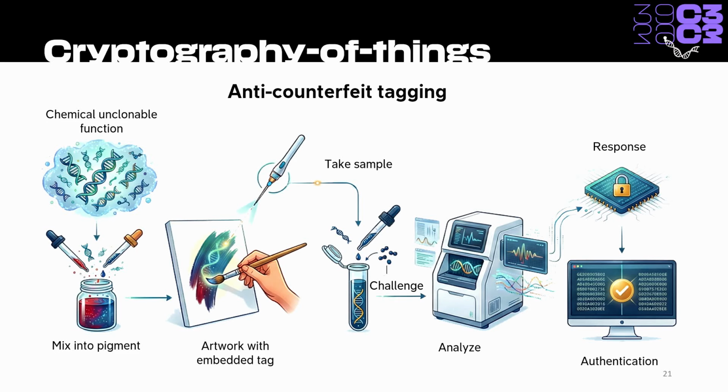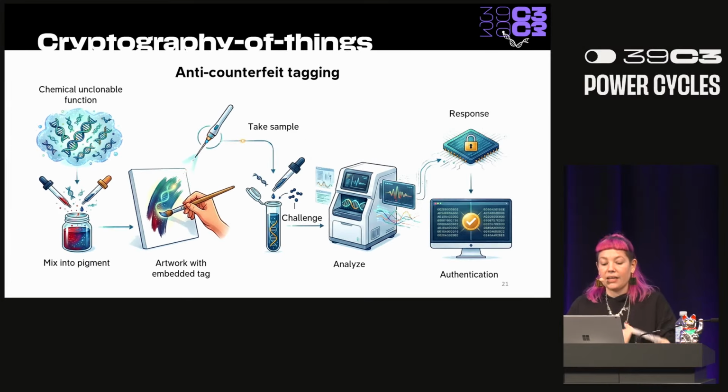And if we want to authenticate that, we can simply take a tiny little sample of the paint, measure the challenge response pair, then compare the response to a reference, and we will know without a doubt that this is the artwork painted by a given artist, for example. And this also extends for other materials. So something that we've actually showed in a proof of concept is mixing the chemical unclonable functions with an oral pharmaceutical as an anti-counterfeit measure.